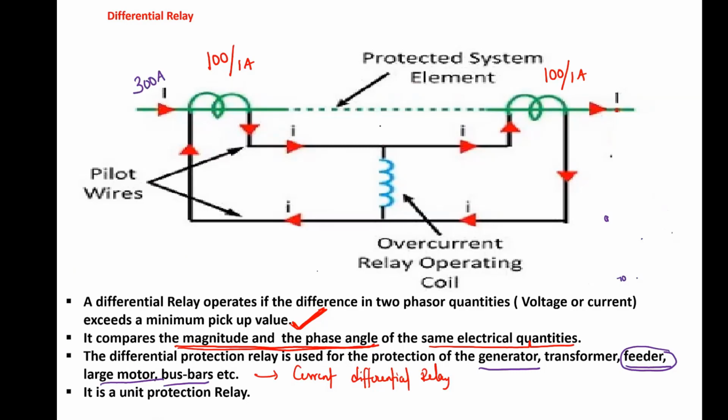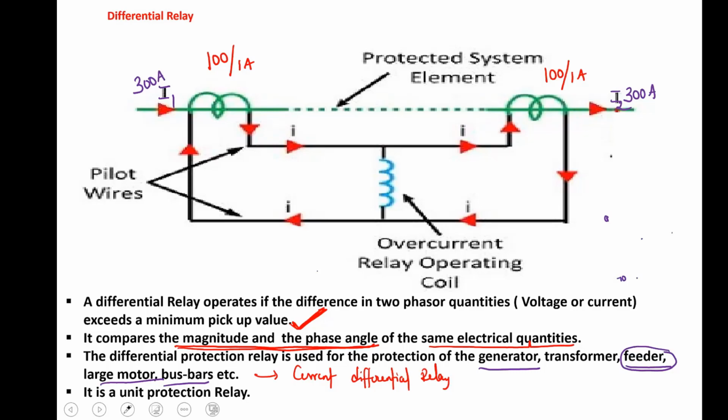And there is no fault in the element which we are protecting. So the same 300 ampere will flow out. Let us call this current capital I1, this current capital I2. So when there is no fault, capital I1 and capital I2 both are, let us say, 300 ampere.